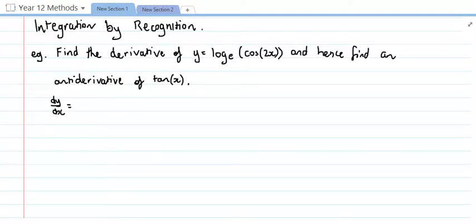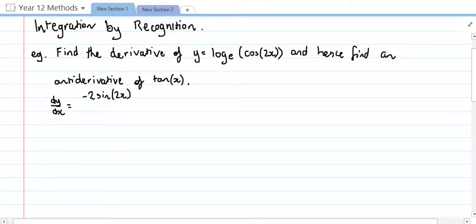When you differentiate cos, you get negative sine. So that's going to be negative 2 sine 2x, remembering to write the derivative of that inner function at the front. That's divided by the inner function itself, which is just cos 2x.